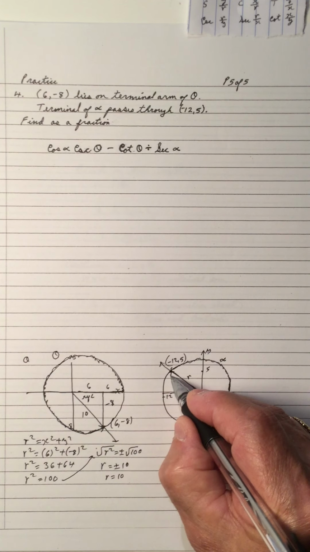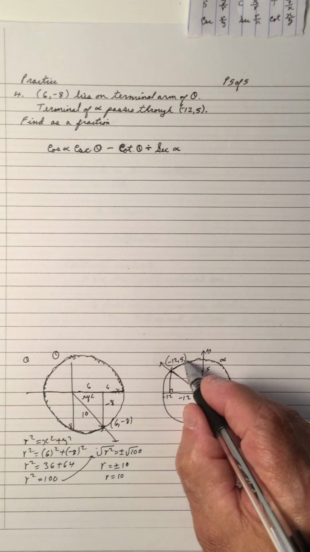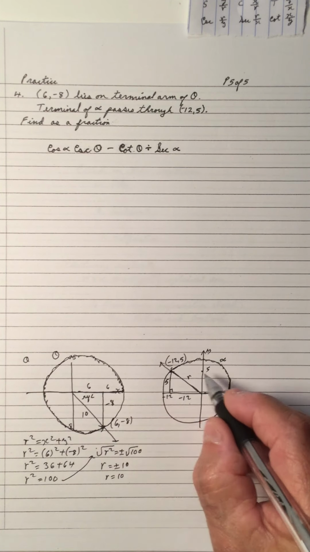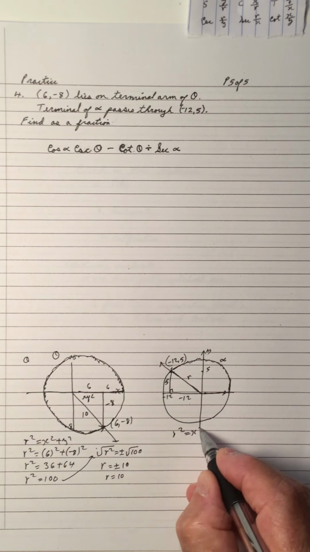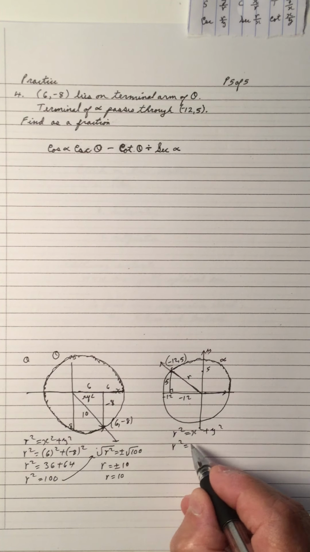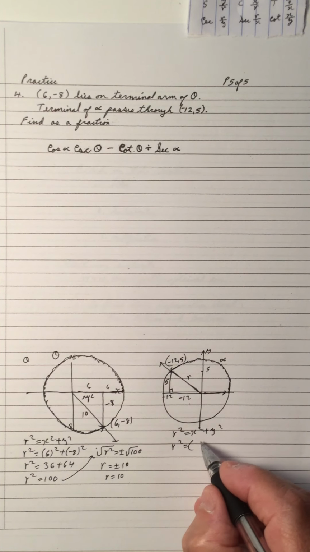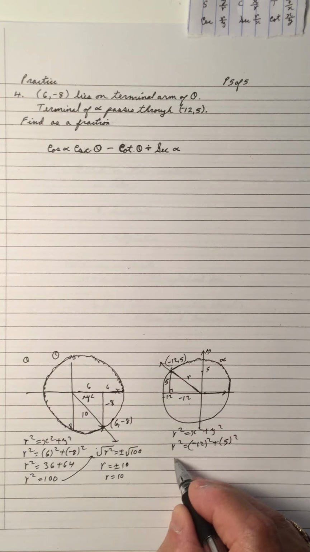And so we drop a perpendicular to the x-axis. X is negative 12, y is 5, and we work out the radius. So r squared is x squared plus y squared. So r squared is x is negative 12 squared plus y is 5 squared.